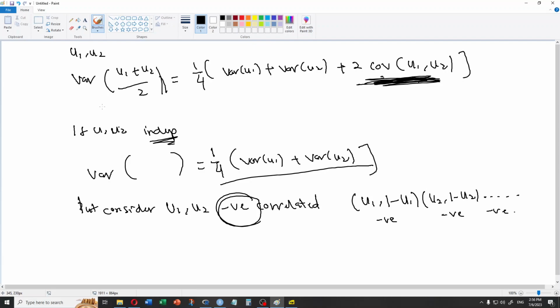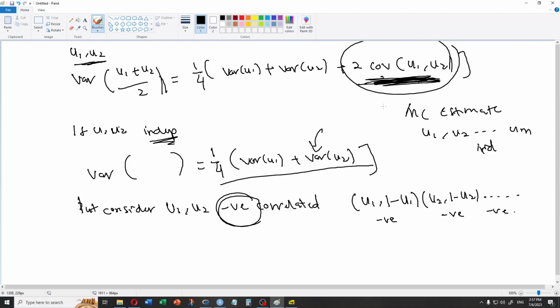So the variance of the average of u1 and u2 when they are negatively correlated would be reduced compared to when they are independent. In the standard Monte Carlo estimate, we assume that u1, u2 until um are IID, independent from each other, so the variance looks like this. But if we can manipulate this relationship and make them negatively correlated, then we can reduce the variance. So that is what it means.